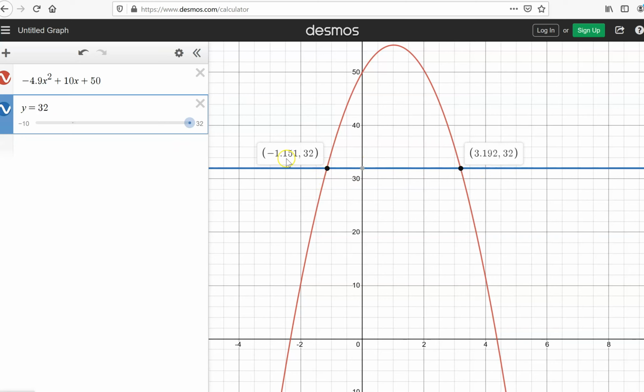So we can see, okay, negative time doesn't work for us, but after 3.192 seconds, we'll be at 32 meters high. So if they give you an output value, you'll just draw a horizontal line within Desmos with y equals whatever that number is, and look for those intersection points.